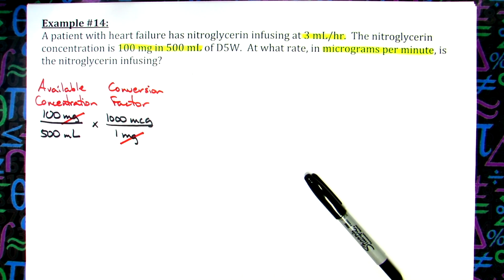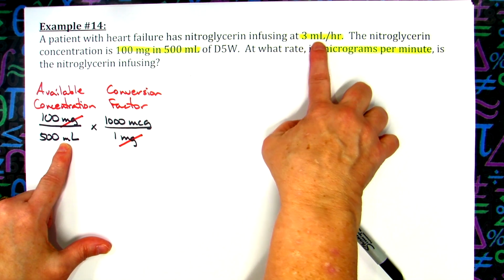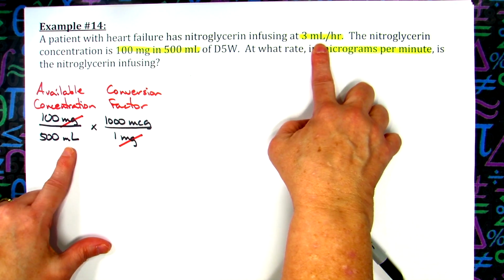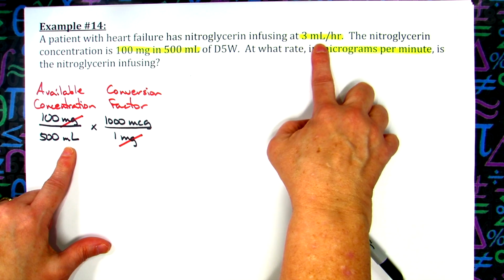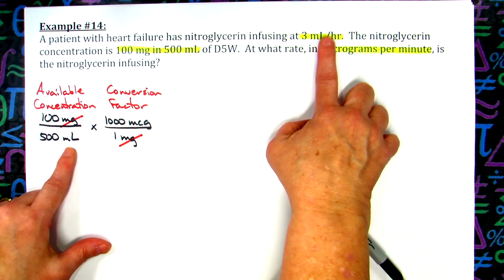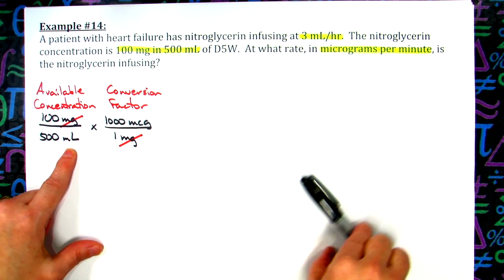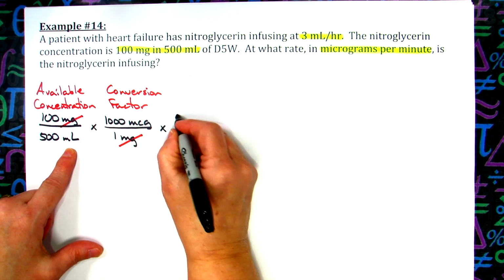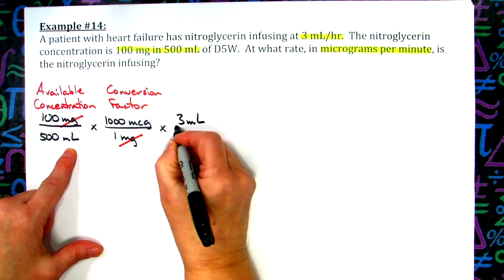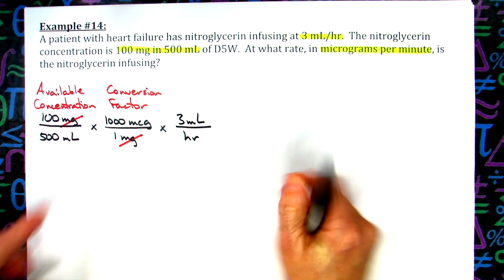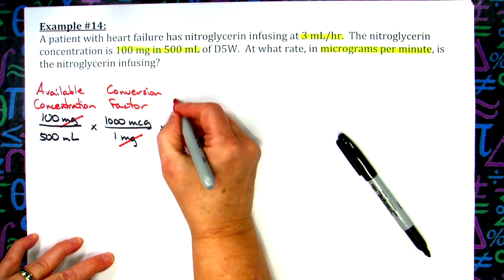Now at this point, I'm going to do what is ordered, because I have milliliters in the bottom, and what was ordered is 3 milliliters per hour. If I multiply by this, I can get rid of those milliliters. So I put the 3 milliliters on top, and per hour on the bottom. This is what was ordered.